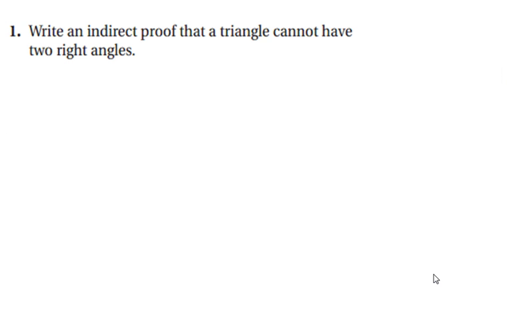So if you were to write an indirect proof that a triangle cannot have two right angles, let's suppose we take triangle WHY, so that's what we're given. And we want to try to come up with something that says that it can't have two right angles.